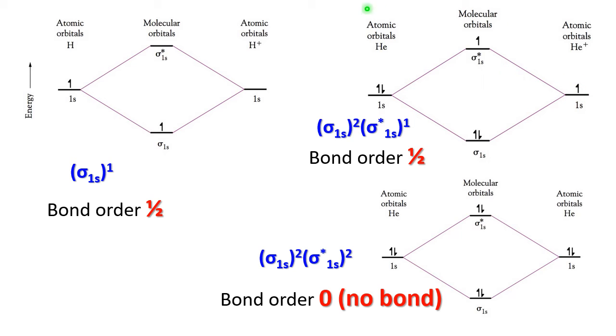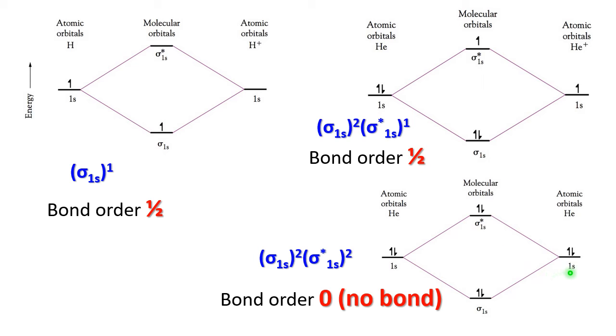Now I have the same system, so sigma 1s and sigma star 1s. But I have 3 electrons. So 2 electrons are occupying bonding, 1 is occupying anti-bonding. Total bond order will be 1 minus 1/2, total 1/2.